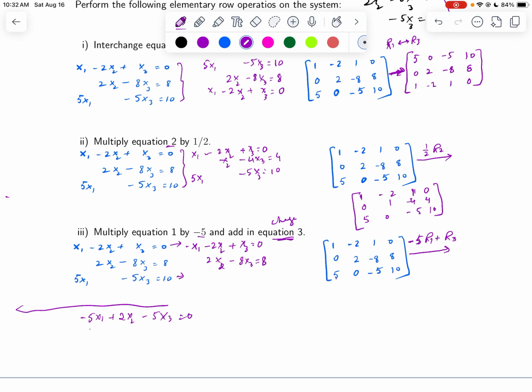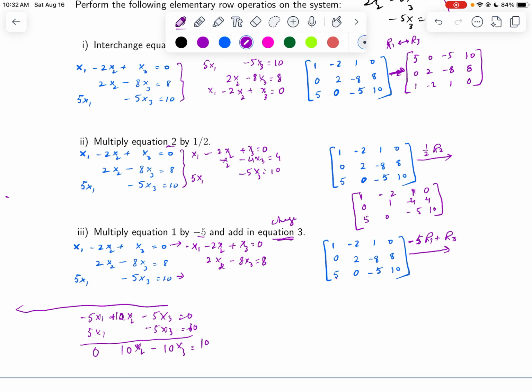I'm going to add row 3. When I add, this gives me 0. This gives me 2x2 minus 10x3 equals, so this was 10.